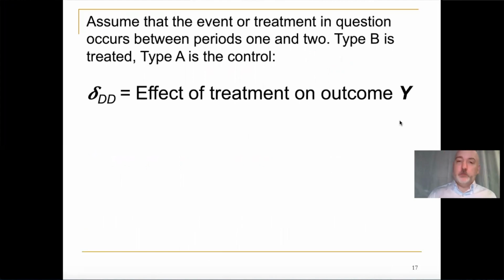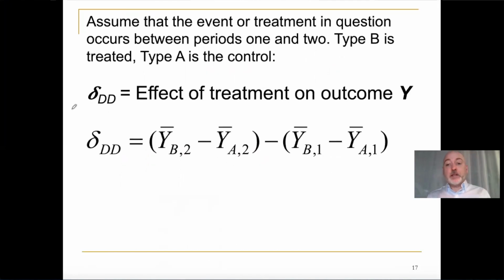What we're trying to find, the effect of treatment on our outcome of interest, our Y variable, which in our case is grade point average, we will denote as delta sub DD. As we said, what we're trying to find is the difference in outcomes between the groups after treatment versus before treatment.